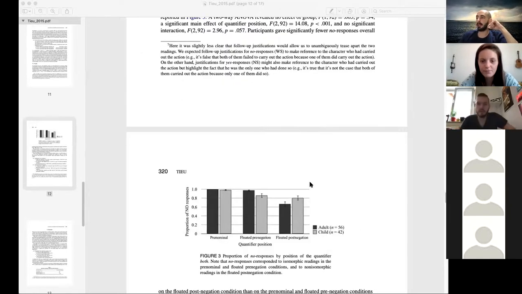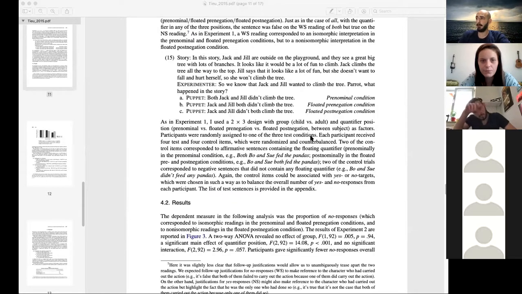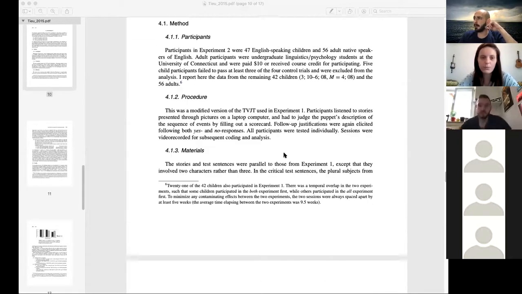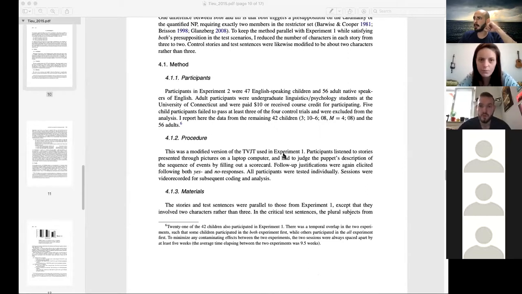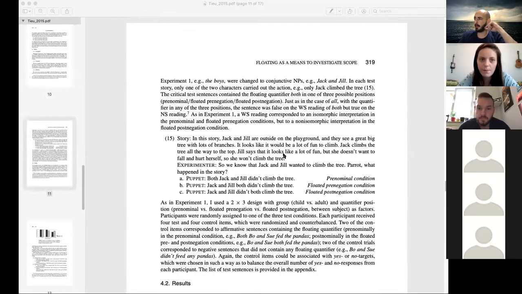I mean, usually if you have like 40 children, that's actually quite a good number, right? It also depends on how many trials per condition you have. So here, how many trials do they have per condition? 4. 4, right. And did they see every condition?